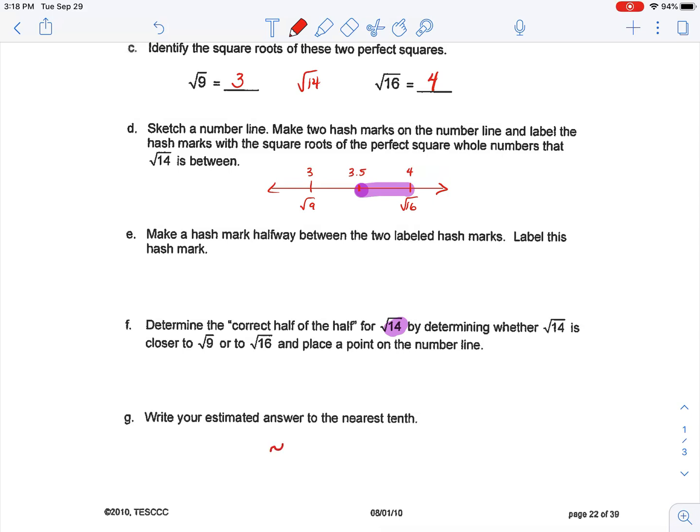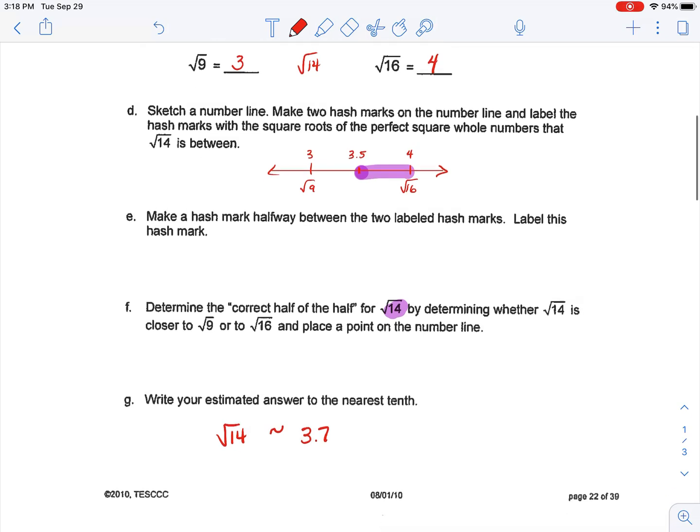So I'm going to say that the square root of 14 is approximately 3.7. Really all I'm concerned with here is that you are on the right side of the half. If you said 3.8 or 3.6 or 3.9, that would be perfectly fine as well. We're just getting an estimate here.